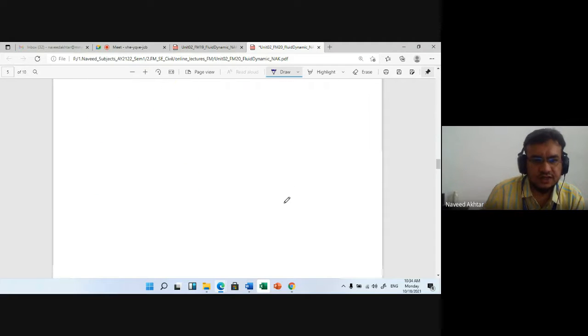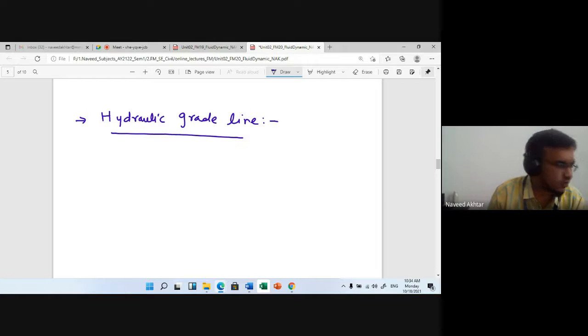Now the second concept is the hydraulic grade line.